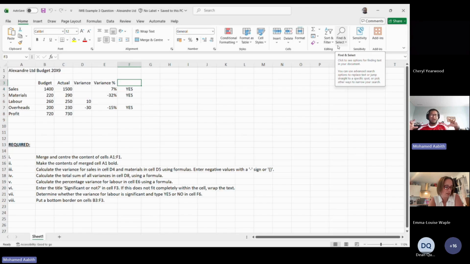You can merge and center. You can change the type of the data in there, and you can wrap text, so you can do some of it, but not many other functions like these: conditional format, delete, insert cells. They can't do that in your exam software. You probably can do the alignments and font and text formats.